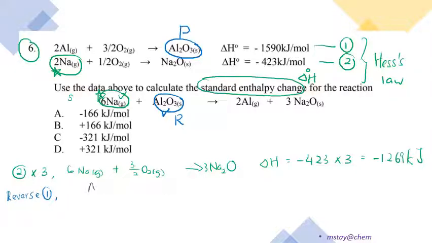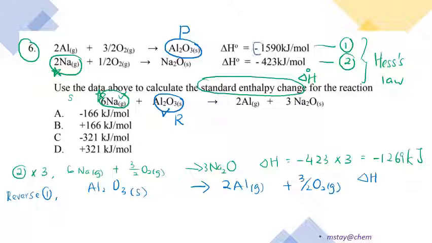Here we have aluminium oxide solid, going to produce 2 moles of aluminium and 3/2 moles of oxygen gas. So the delta H at this moment, because we reverse the equation, negative 1590 becomes positive 1590 kilojoules.